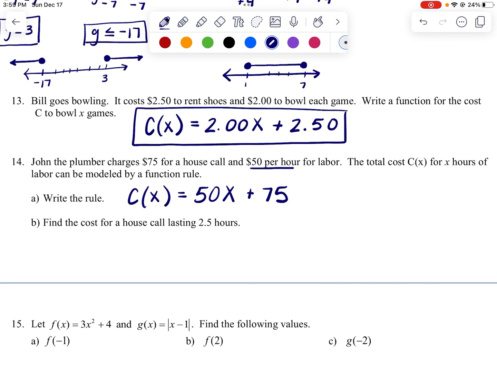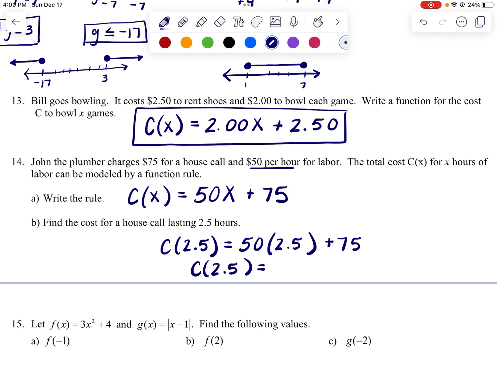So it's saying how much is it going to cost if he's there for 2.5 hours. So the cost at 2.5 hours is 50 times 2.5 plus 75. So the cost at 2.5 hours is equal to 125 plus 75. And you get that it would cost $200 to have the plumber come.